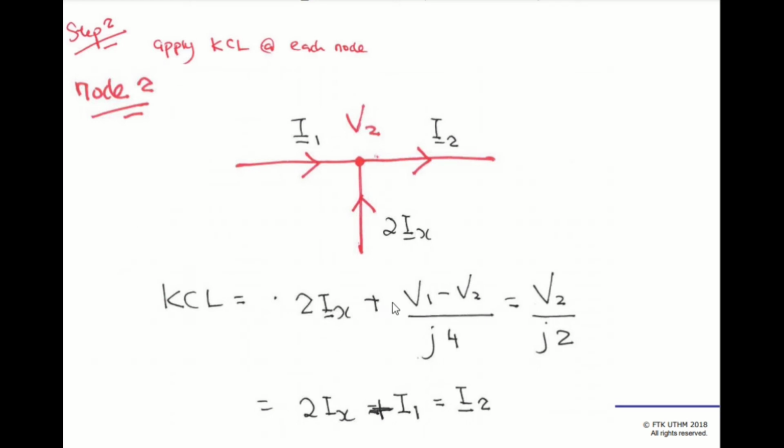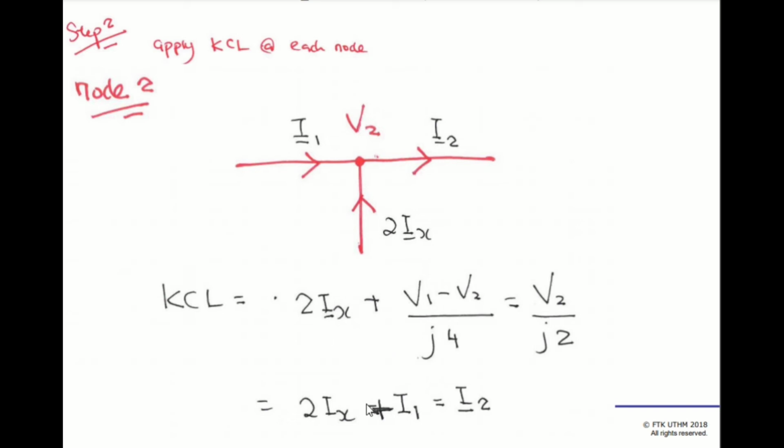So 2Ix plus I1. I1, because the current is flowing from V1 to V2, we write it as V1 minus V2 over J4, because there's an inductor over here between V1 and V2, equal to I2. I2 is V2 over J2, because there's another inductor connected to the I2 branch.